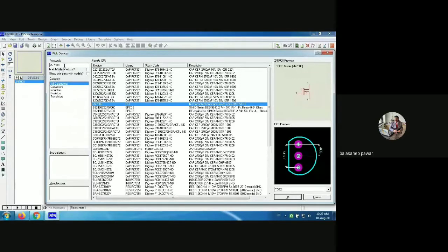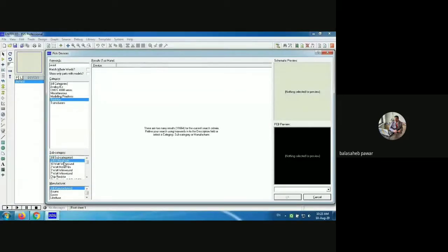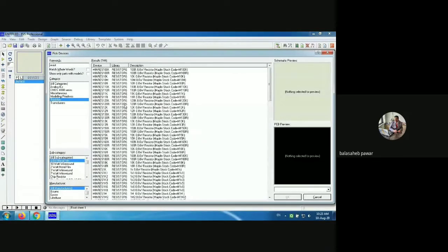Then we will require one resistor also. So just type in the keyword resistor, 0.6 metal film. I will select any one so that I can edit it. I will select that resistor of 1 kilo ohm.